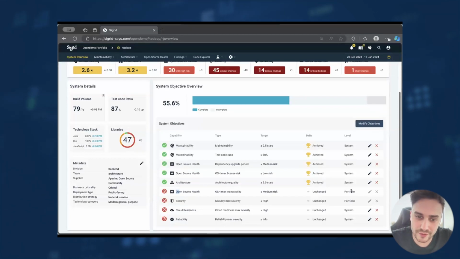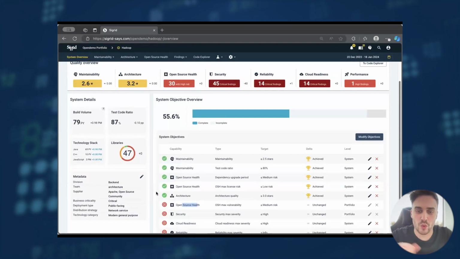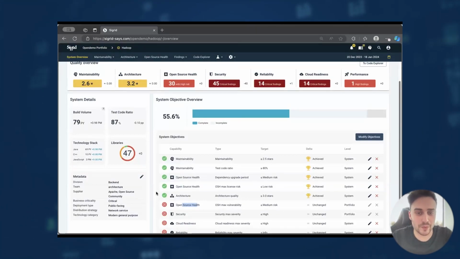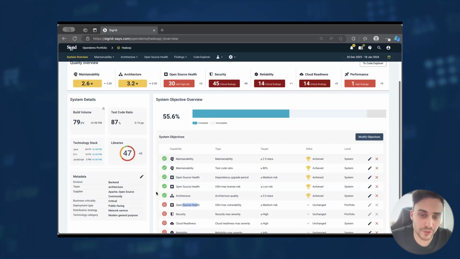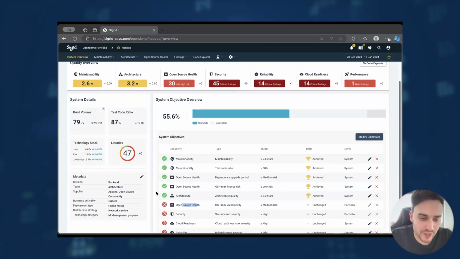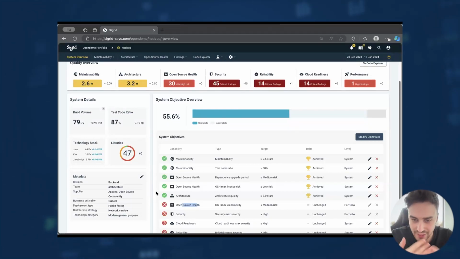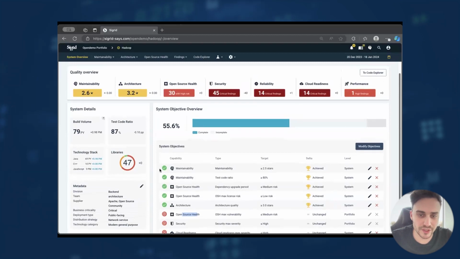Then you can override as a team this objective, and then you can start discussing with management why this system, for example, cannot adhere to this objective. And this can lead to very interesting discussions and to more achievable deadlines. For example, if management really needs this objective to be achieved in a quarter, the team says this is not achievable. These are really discussions you want to have as early as possible. So this way you can work together, management and development teams, and align on this view.